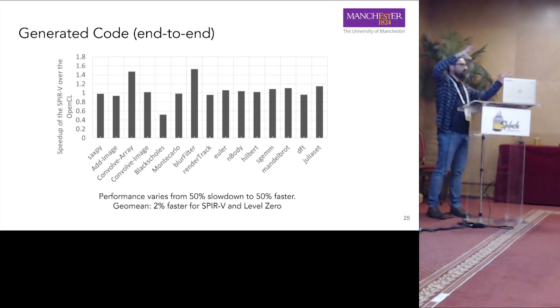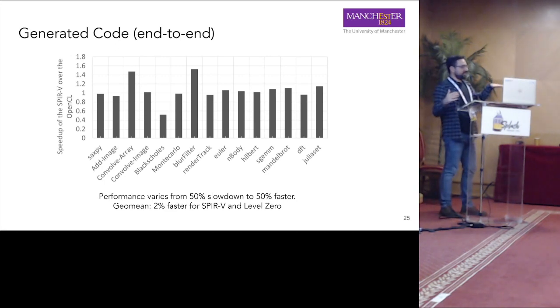It's a filter to blur part of the image. And going through SPIR-V with Level Zero can give you more than 2x performance on the same device compared to OpenCL. But in general, it should be roughly the same. And what we see in the average time is that SPIR-V is slightly faster, about 2% faster than Level Zero.